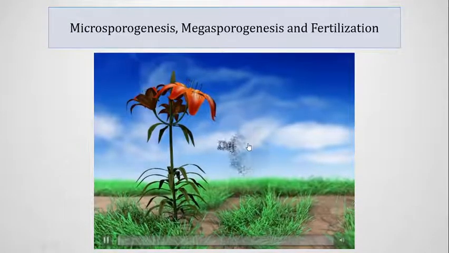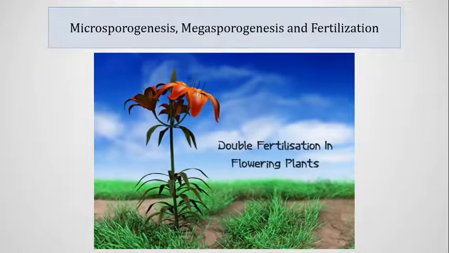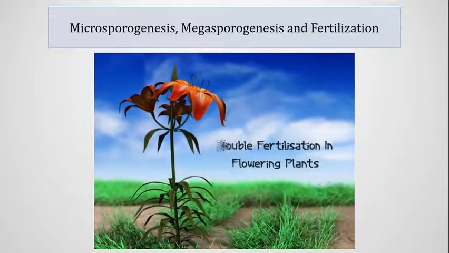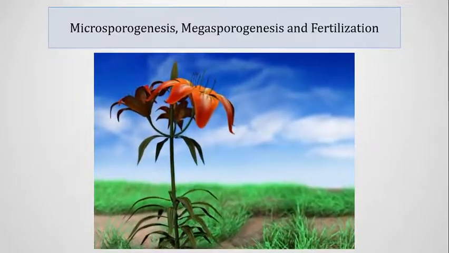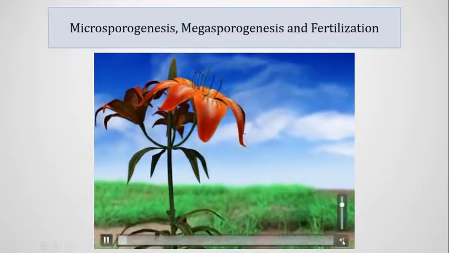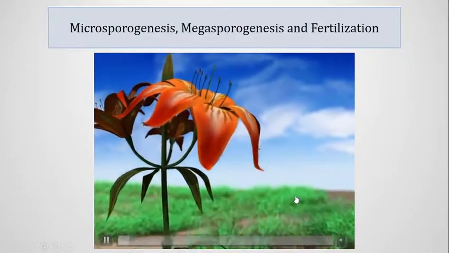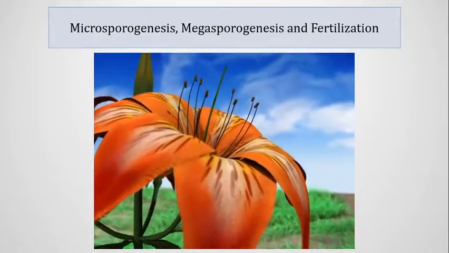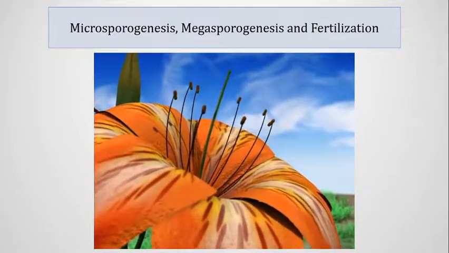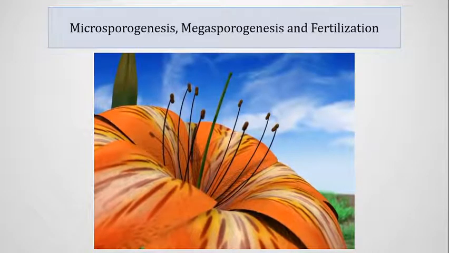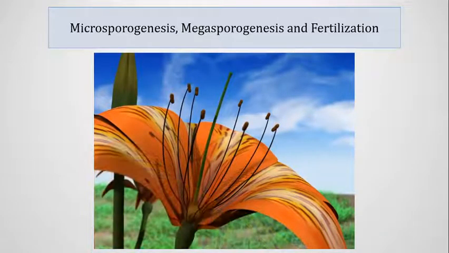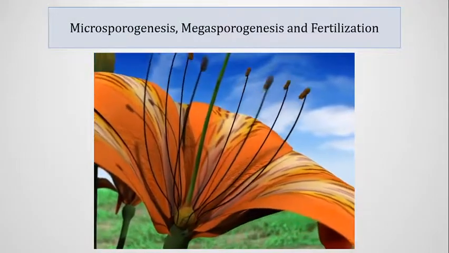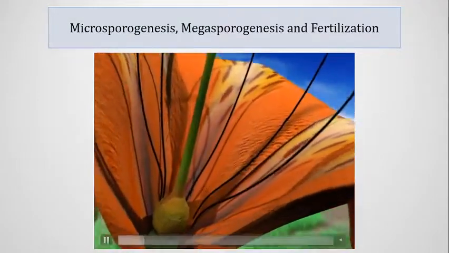This video describes the pollination process, the fertilization process, and also the megasporogenesis and microsporogenesis before it in a flowering plant. So we will first describe the megasporogenesis that takes place inside the ovule.